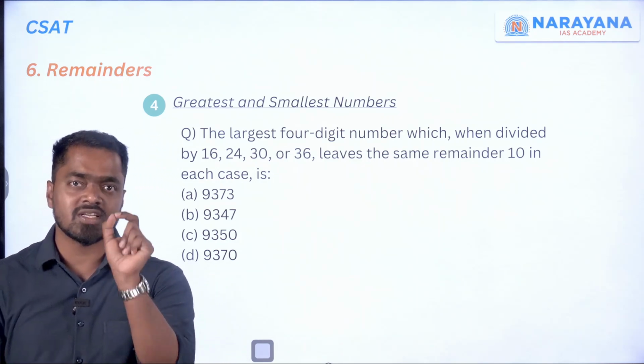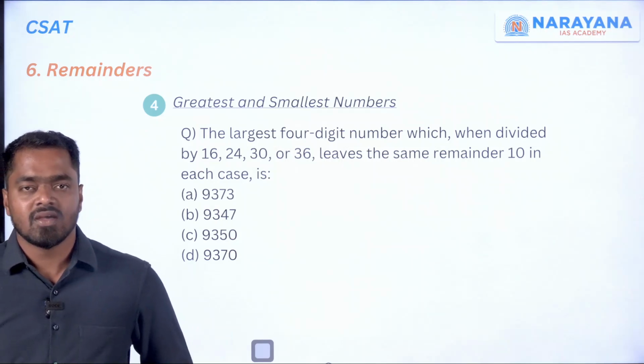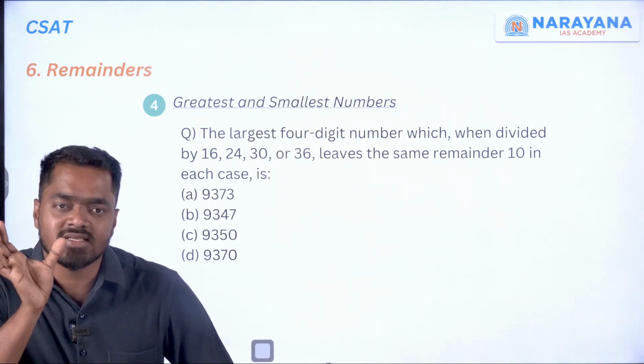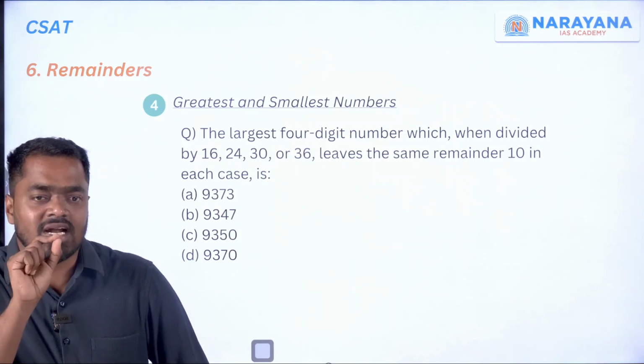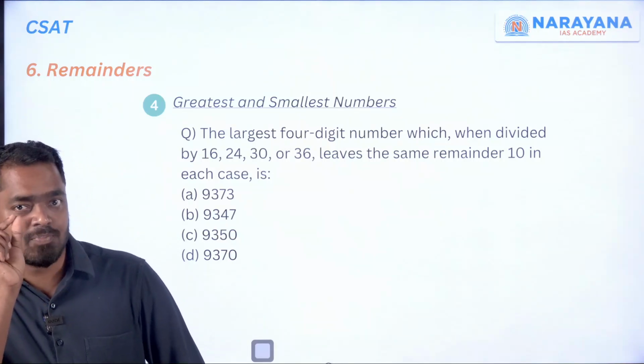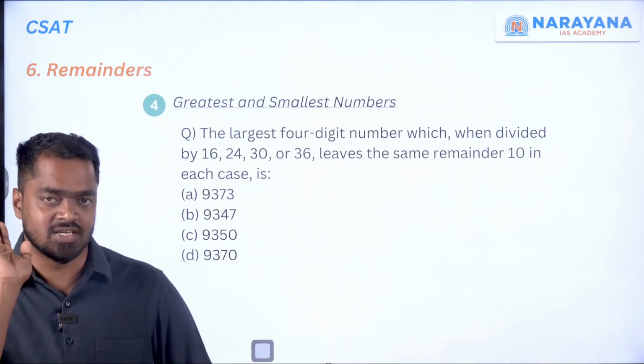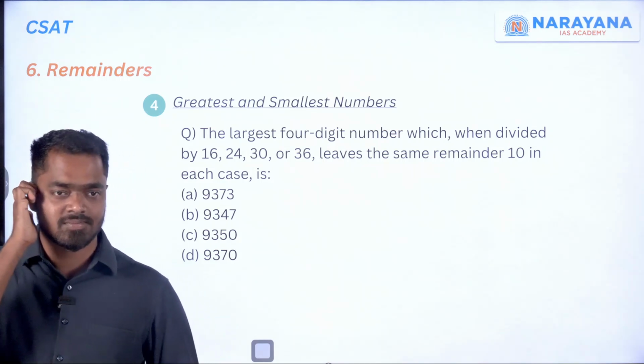That one component is the only difference. The rest of the concepts are the same. Here there is one extra component, that is leaving the same remainder 10 in each case. In the earlier question it was perfectly divisible. Here they are adding one extra remainder in each case. So try to solve it.